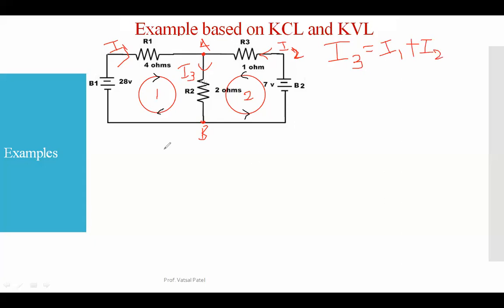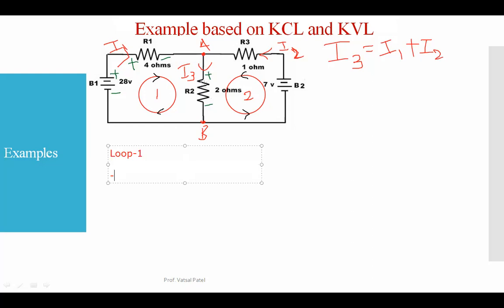Now, if we apply the KVL in the first loop, you see the battery source here has positive polarity and negative polarity according to the battery terminal. Now we assume positive here and negative here for the R1 resistance, and the same thing for the R3 resistance. So if I want to write the equation for loop number 1, what can I write?